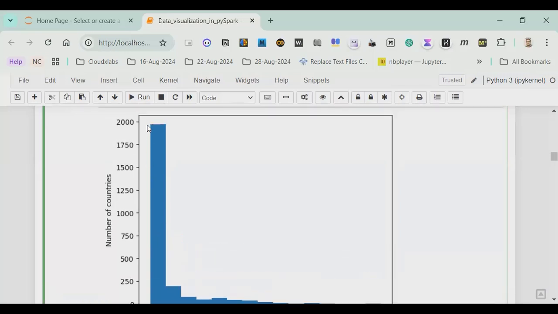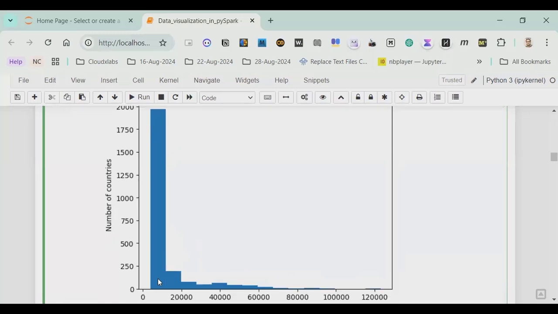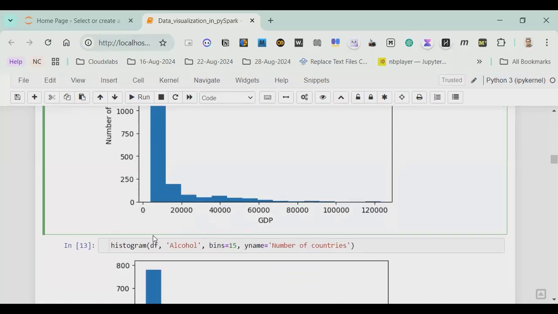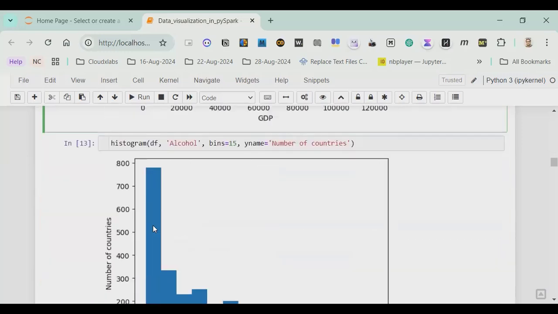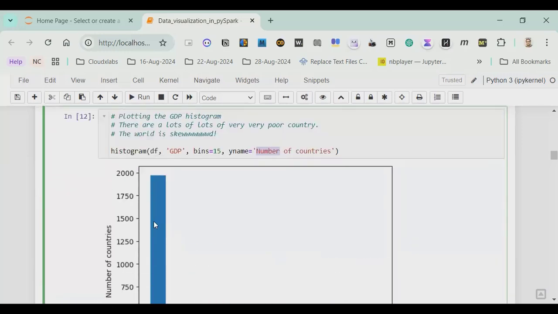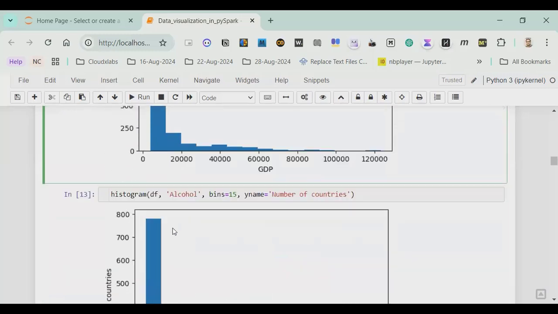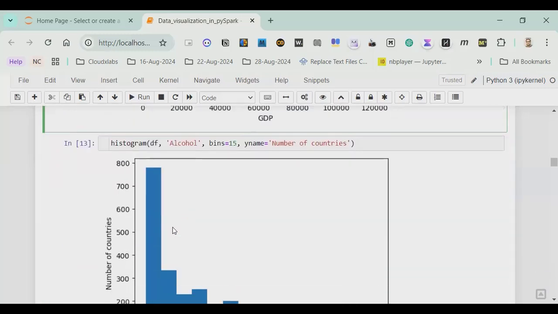But most of the countries are here, you can see. That is the distribution. That's what the histogram or bar plot is. So it's giving very clear information. In the same way, here we can see the data is skewed. It's nothing but data is skewed in these cases.